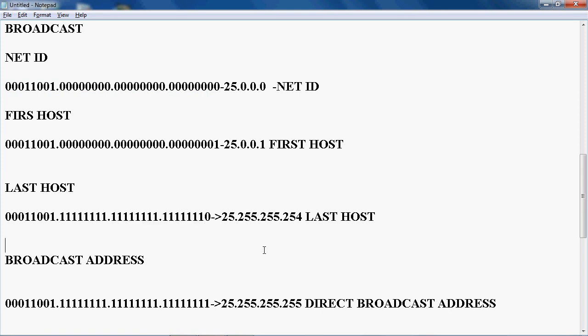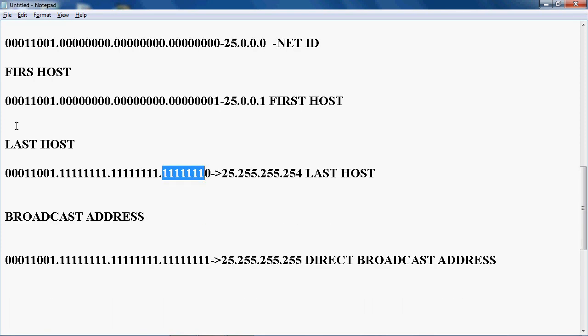You get the last host, that is 25.255.255.254. 128, 64, 32, 16, 8, 4, 2, 1, totally we get 255. So again in this octet all the bits are 1, you put 255. Here the last bit should be 0, so 128, 64, 32, 16, 8, 4, 2, totally 254.